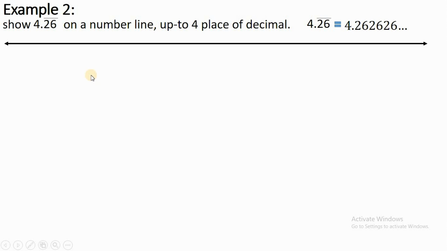So again we'll take a number line and we'll label some numbers on it. Here we have taken 0, 1, 2, 3, 4 and 5. Now this number, that is 4.2626, it lies between 4 and 5, because in the question it is asked up to 4 places of decimal, that is 1, 2, 3 and 4. Till 4 places of decimal we have to show.